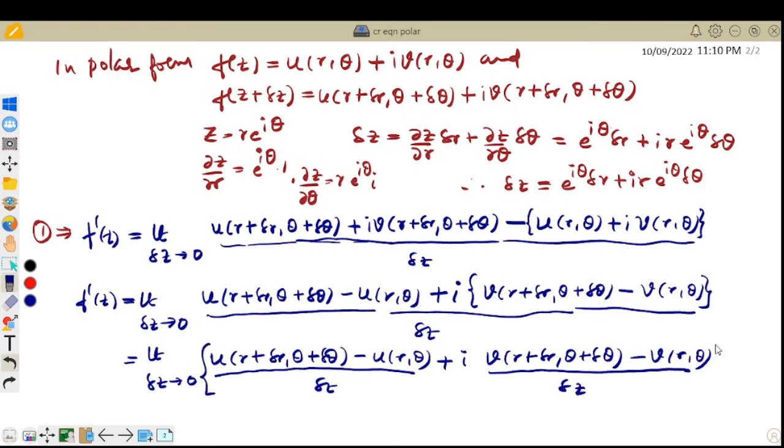In the next step, I am going to apply the limit of a sum.